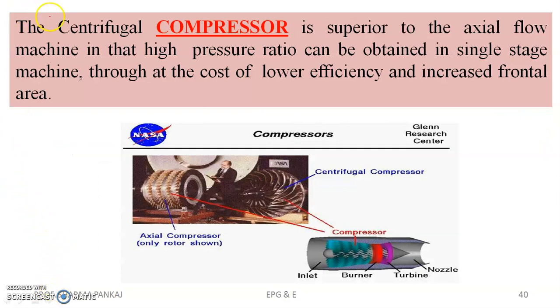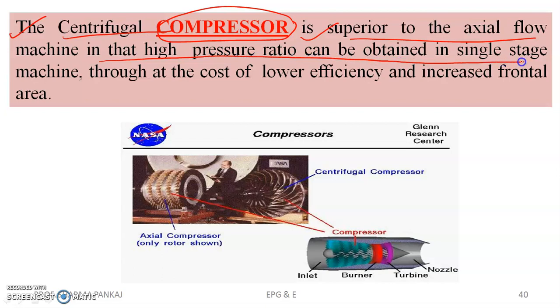Let us see the centrifugal compressor, what it is actually doing here. This is our compressor. The centrifugal compressor is superior to the axial flow machine in that a high pressure ratio can be obtained in a single stage machine, though at the cost of lower efficiency and increased frontal area.